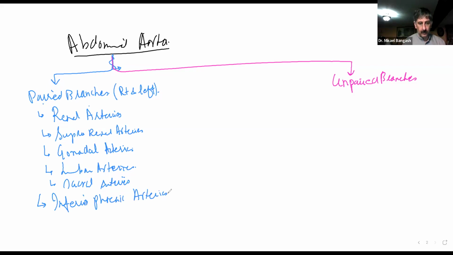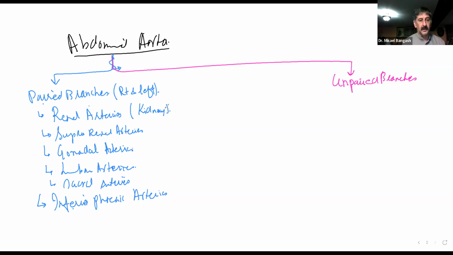Now their origin may vary slightly from person to person. In some people, you'll find that they arise directly off the abdominal aorta. In some instances, you may find that these arteries arise from one of our unpaired arteries. If you look at the renal arteries, it's pretty obvious what they will supply.